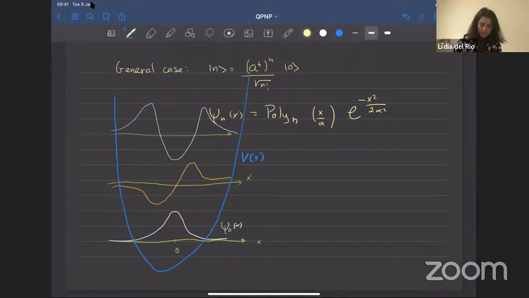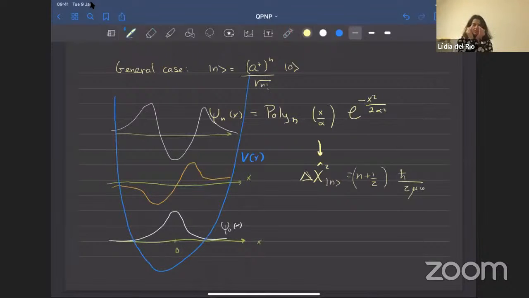In fact, one can compute from that. Well, not directly from this, but because we know the operator x, and we know x squared, we can compute delta x squared. And one can show that this is actually n plus 1/2, times h bar omega.